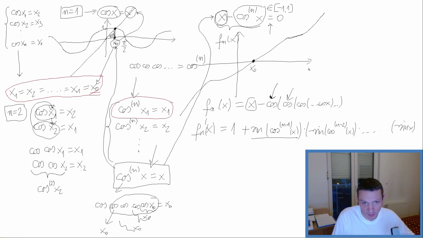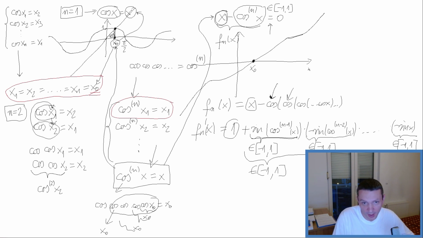But now we know that sine, as cosine already stated above, is between minus 1 and 1, and all those terms are between minus 1 and 1, and the product of those n terms is also between minus 1 and 1.